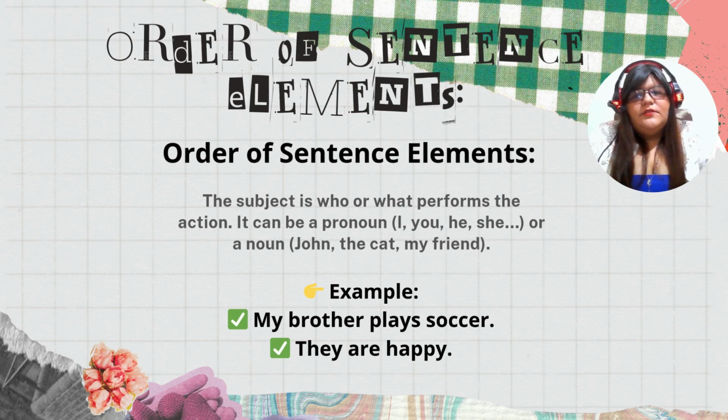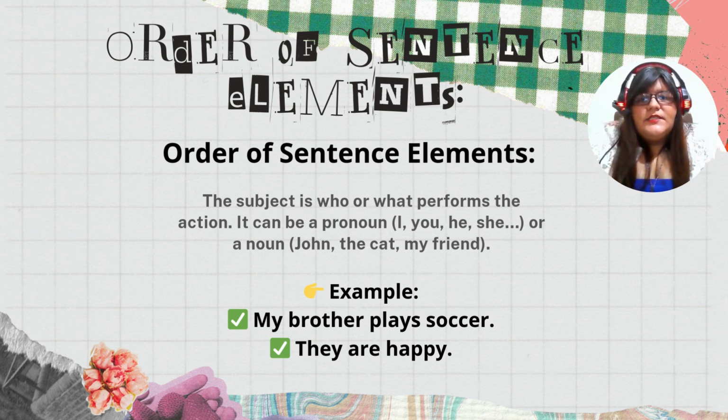Then we have here order of sentence elements. The subject is who or what performs the action. It can be a pronoun. What is a pronoun? I, you, he, and she. Or a noun. What is a noun? Like the complement. John, the cat, my friend, the house, an apple, and so on.